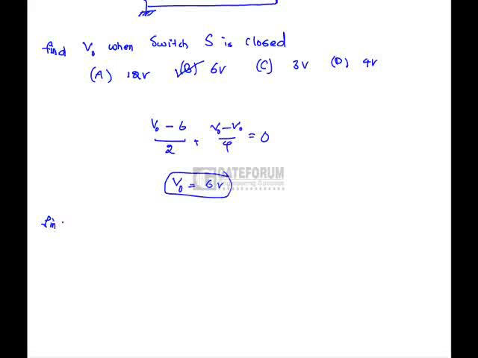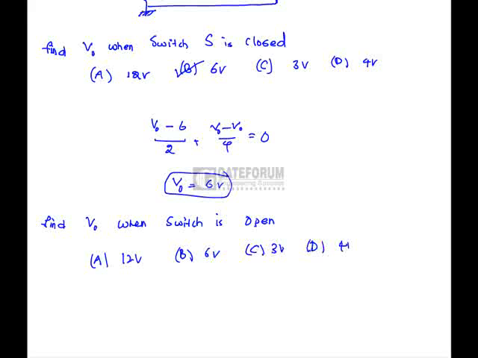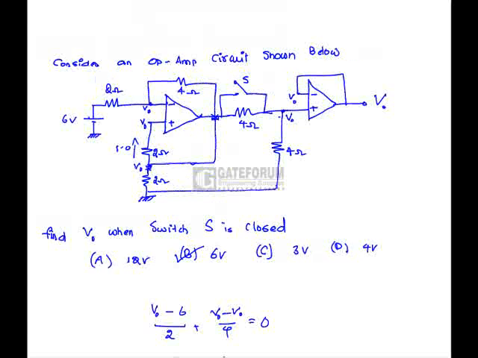Similarly, find V0 when the switch is open. The options are A 12 volts, B 6 volts, C 3 volts, D 4 volts. When the switch is open, this node potential is V0, but because of this resistor, the other node potential is not equal to V0.